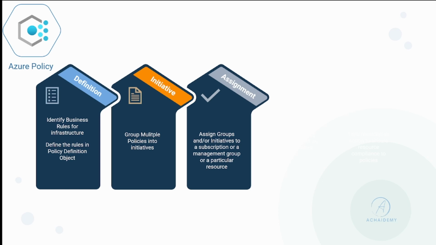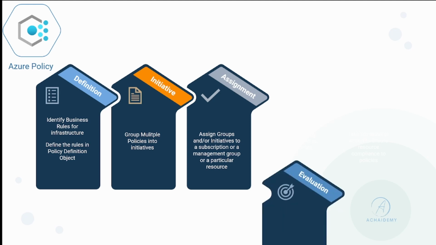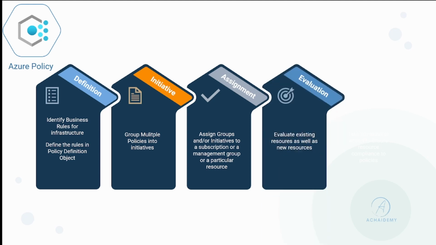Once assigned, depending on the condition of the policy, the policy rules would be applied. Evaluation of an existing or a new policy is the process of applying the business rule and identifying the compliant or non-compliant resources.